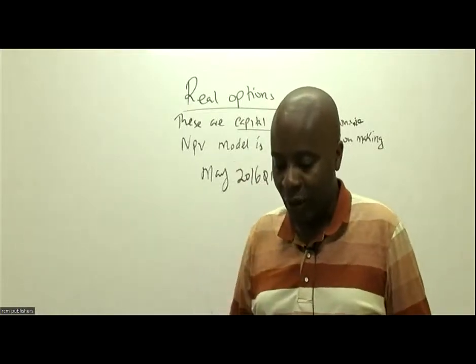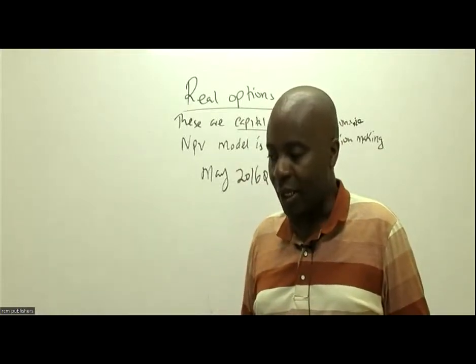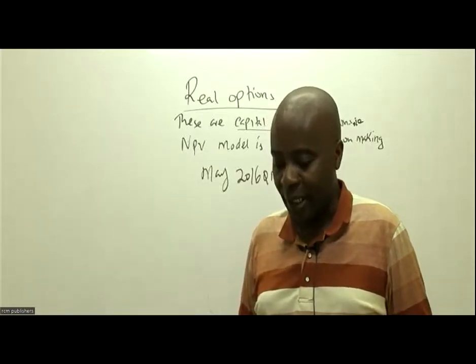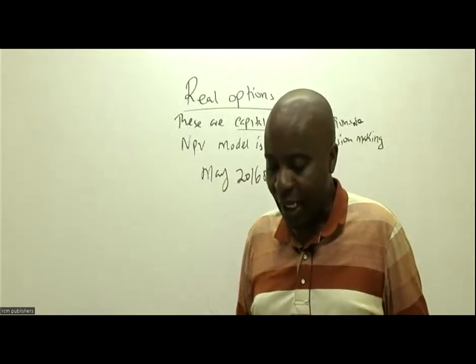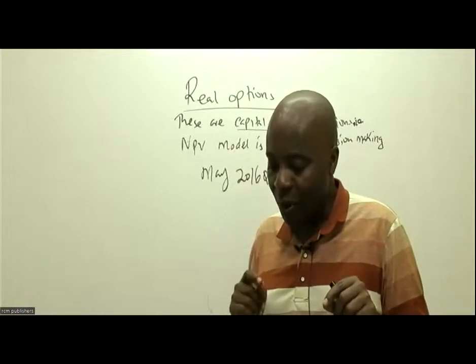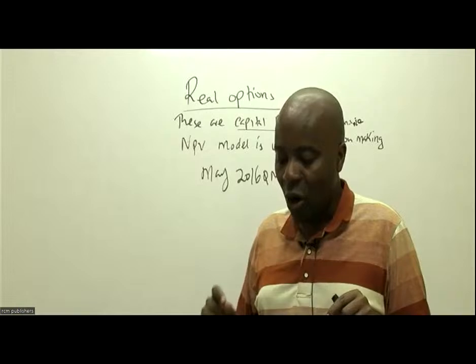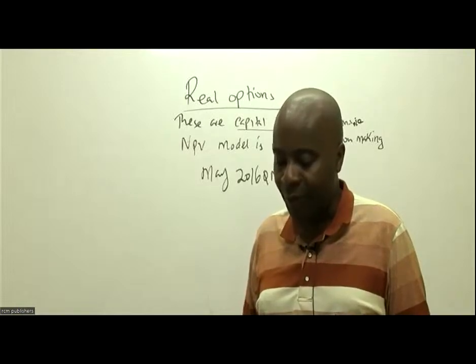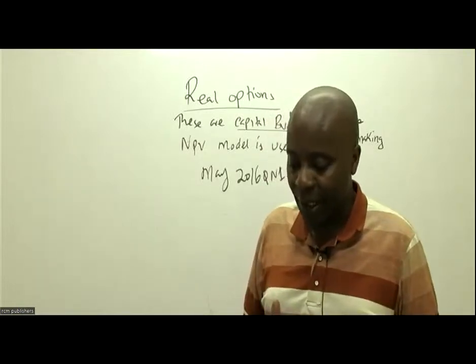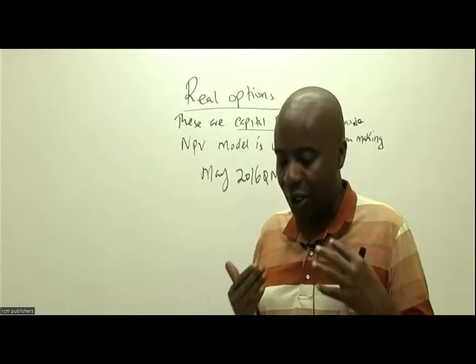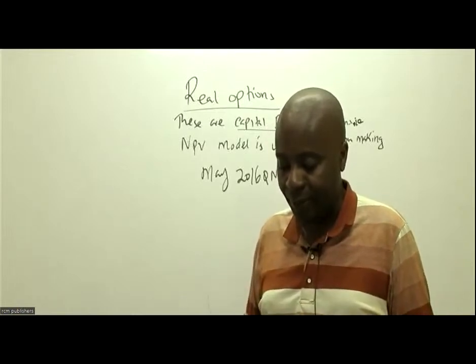So we are told in May 2016 question number 1 that Planet Limited is considering undertaking a 20-year project which requires an initial investment of shillings 250 million in a real estate partnership and whose present value of expected cash flows is shillings 254 million.